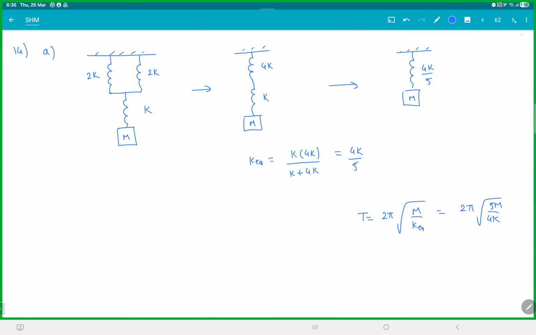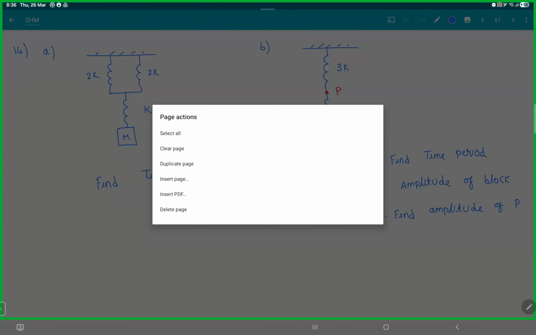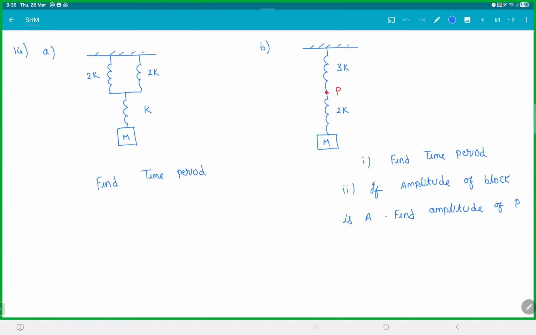What about the second one? Find the amplitude of the point P. Time period is easy.